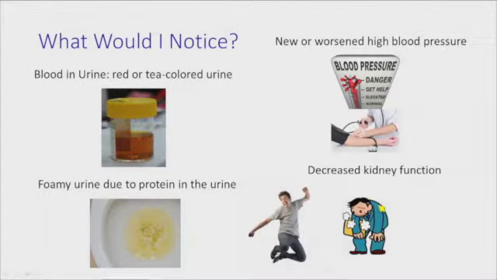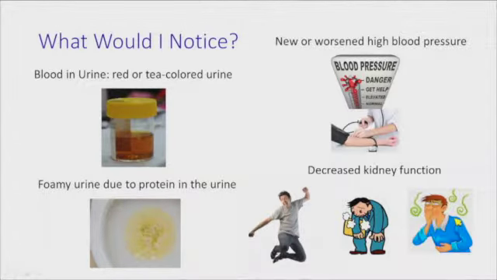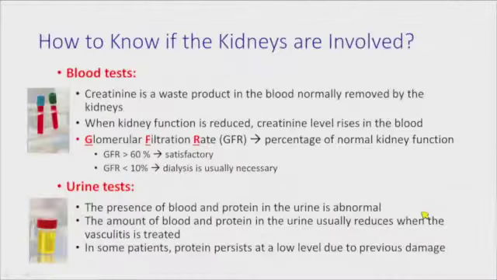If there is a moderate to severe kidney involvement, the symptoms can vary from feeling tired or fatigued to exhausted. Sometimes they also have nausea and can vomit when the toxic products in the blood really accumulate and reach higher levels.